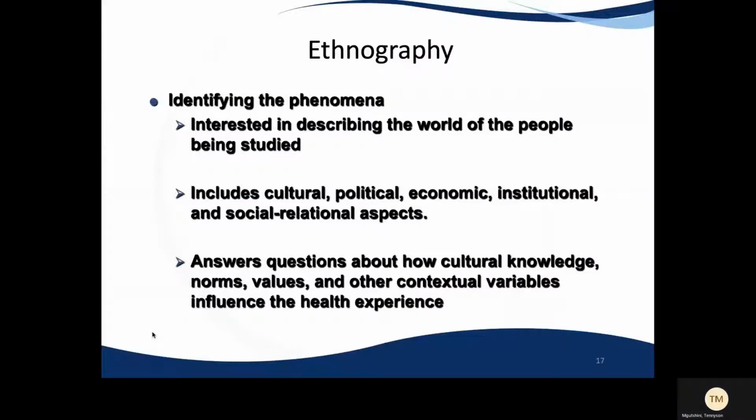So now, ethnography has particular elements to it which are quite similar to other traditions, but it is interested specifically in describing the world of the people that are being studied. So it speaks of that group of people as a people, as a culture, as a social group, as a social system, rather than as individuals who just happen to be socially together.